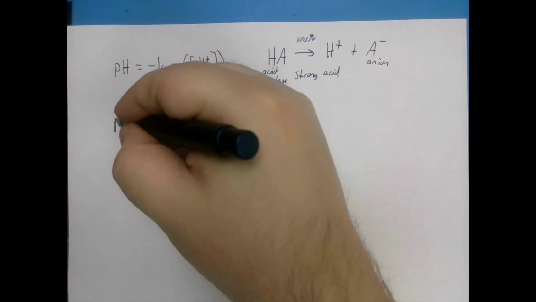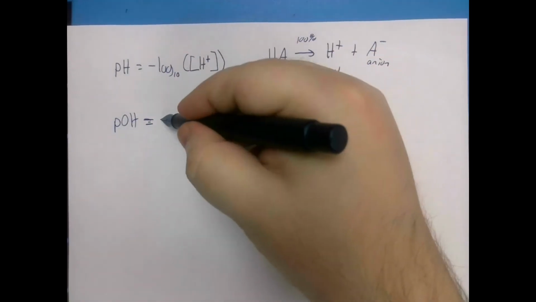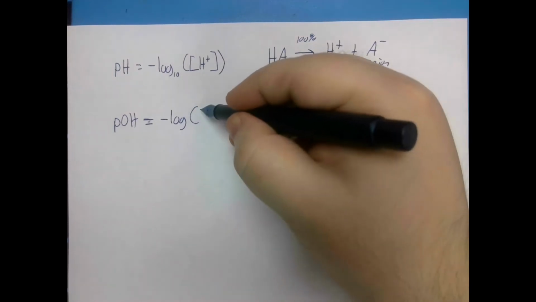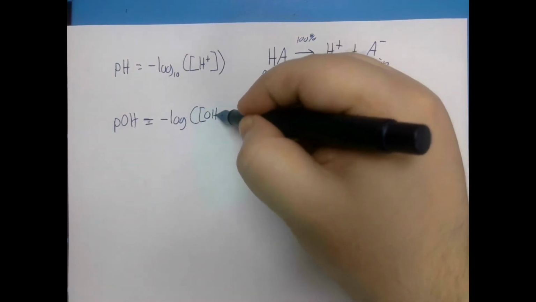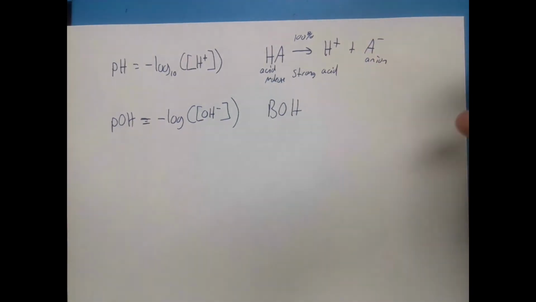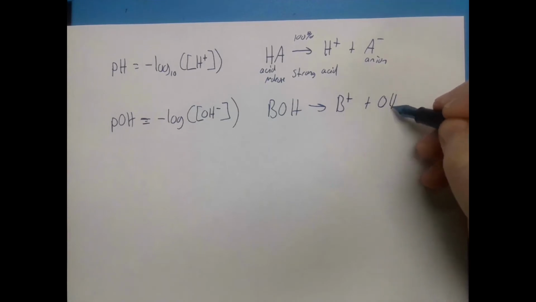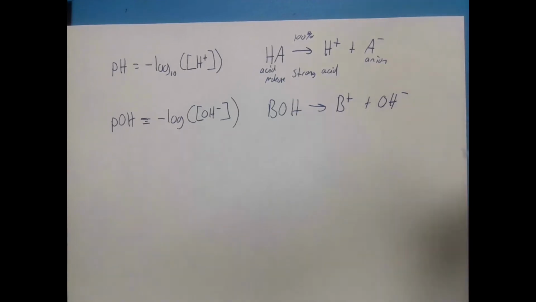We also have pOH, which is the negative log of the concentration of OH molecules. So we have some base that breaks apart into a cation and anion, and your anion is just hydroxide.